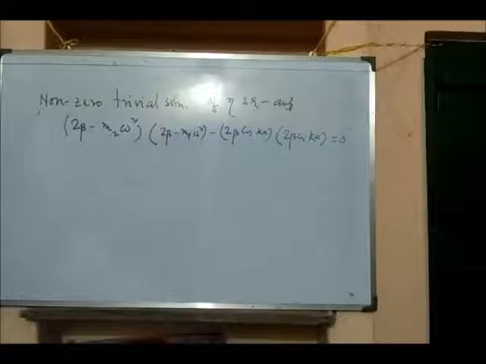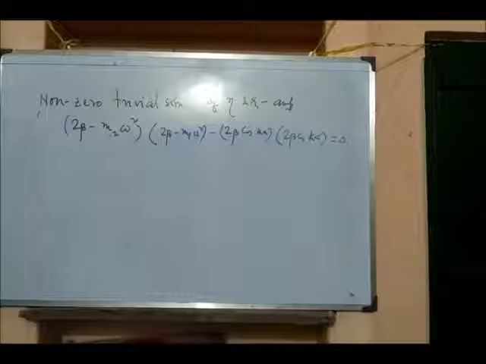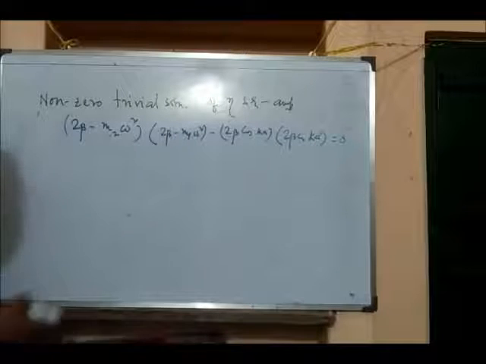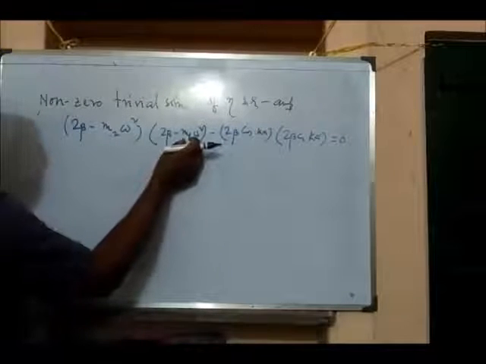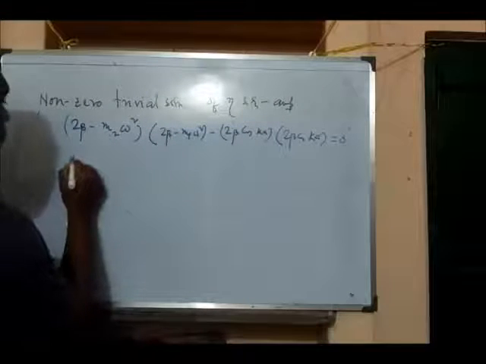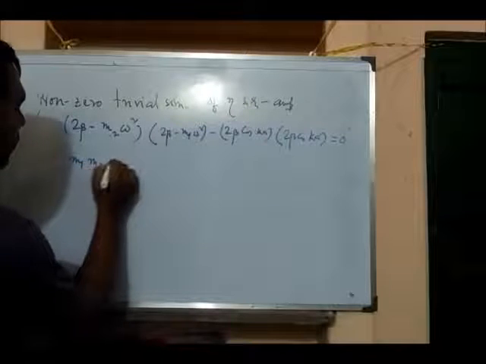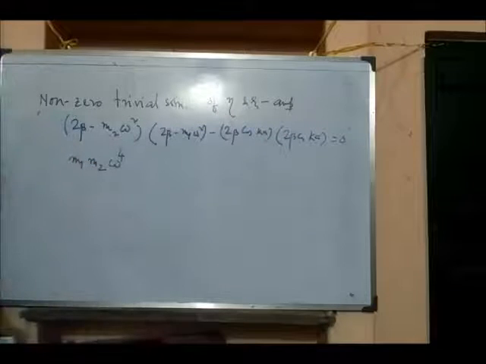Now just multiply them. What will you get? You will get m1 m2 omega to the power 4, right?